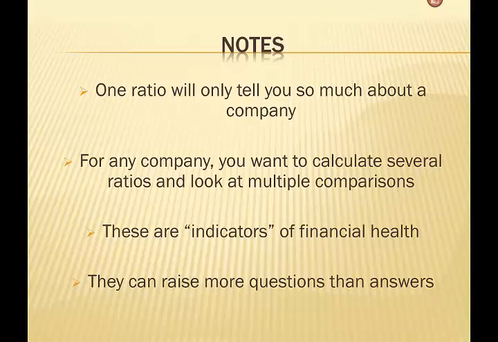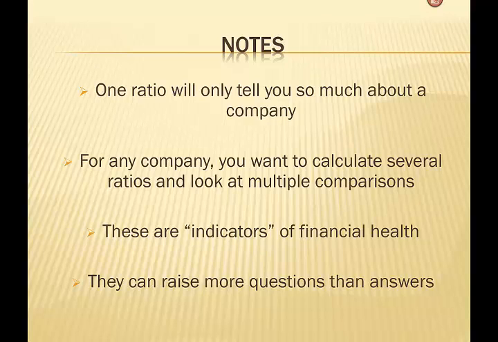For example, if I calculate a current ratio, which is a liquidity ratio, on a company for a year, that will tell me something, but it's not going to give me a complete picture of how well that company has been performing over time. And so when you do ratio analysis, you won't do it for 1 year, one company.